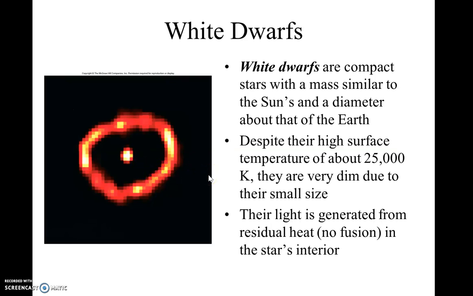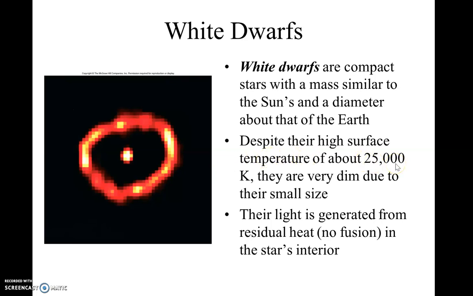Anyhow, the very first one was discovered around the brightest star in the night sky, called Sirius. When we had telescopes with enough technology, we could actually see a small object that was in orbit around Sirius. And it turned out that it had an incredibly high temperature.